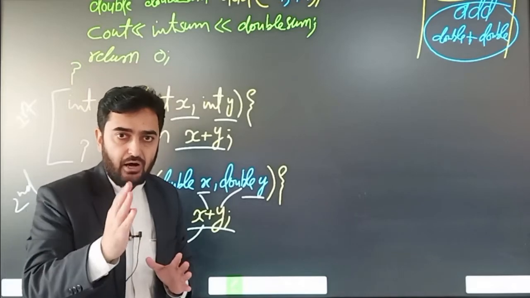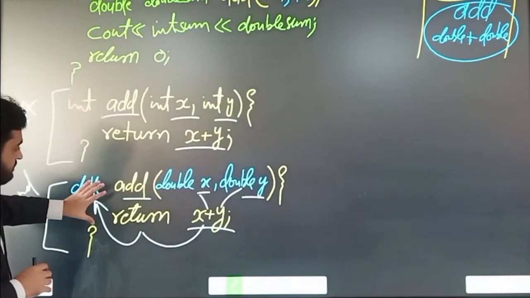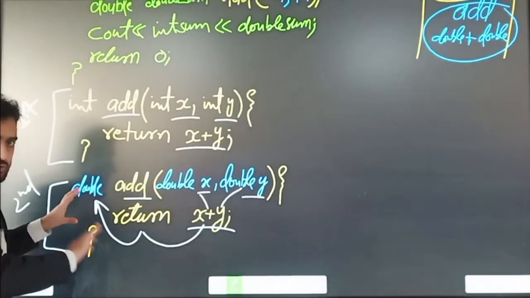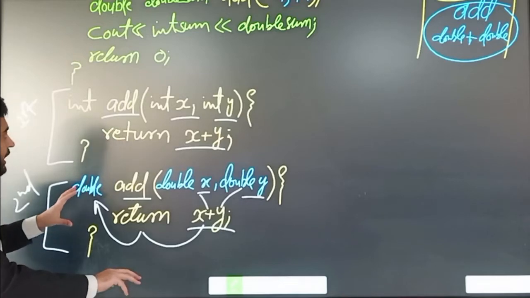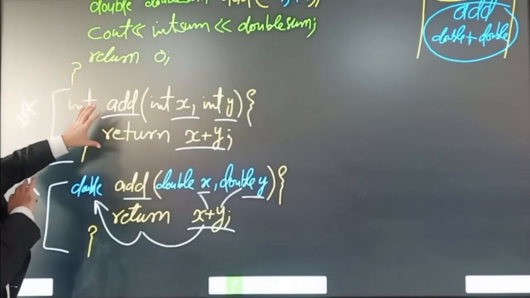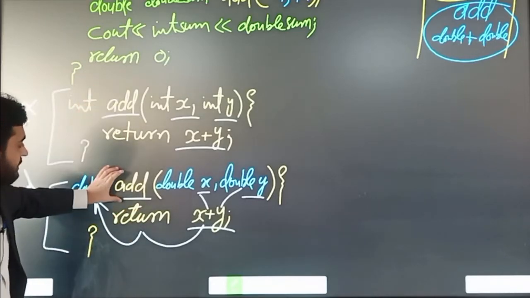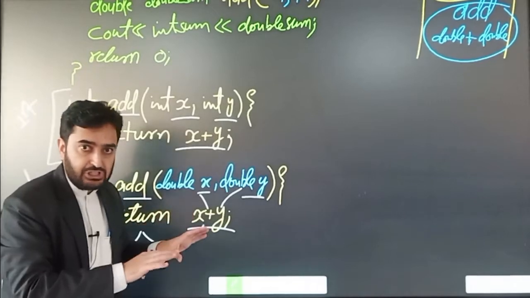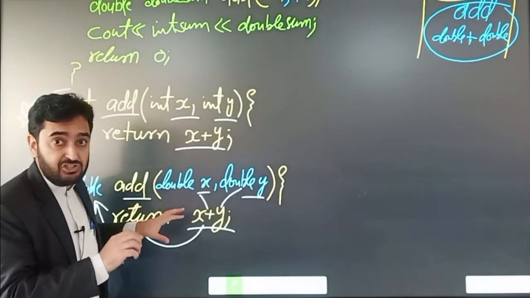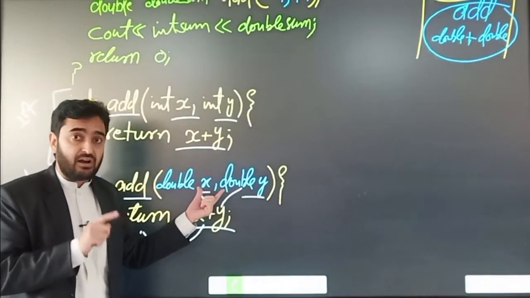You are allowed to do it not only two times, but you can increase it to multiple types. Even if you define 10 or 15 functions with the same name, those functions shall be different from each other in the type of parameters or the number of parameters.